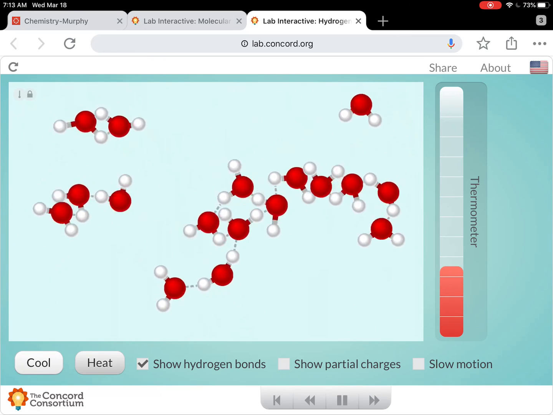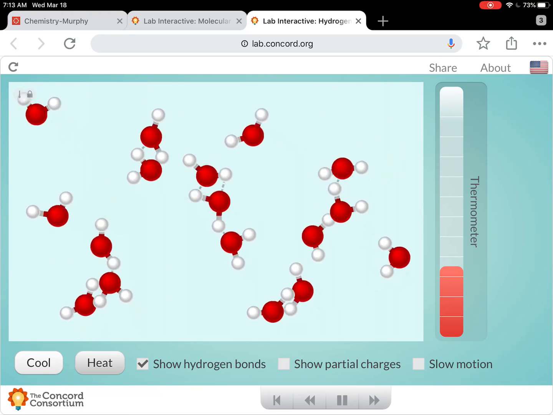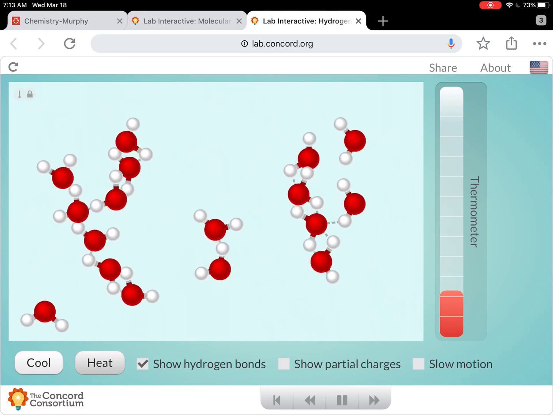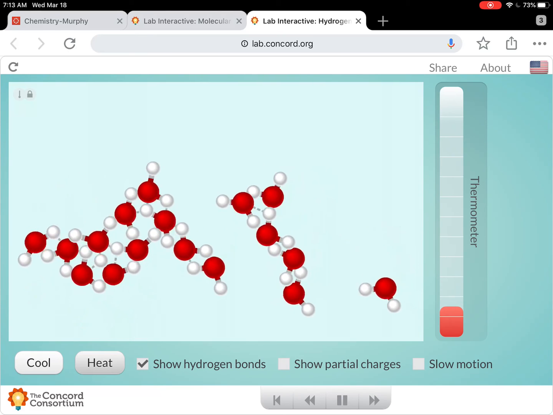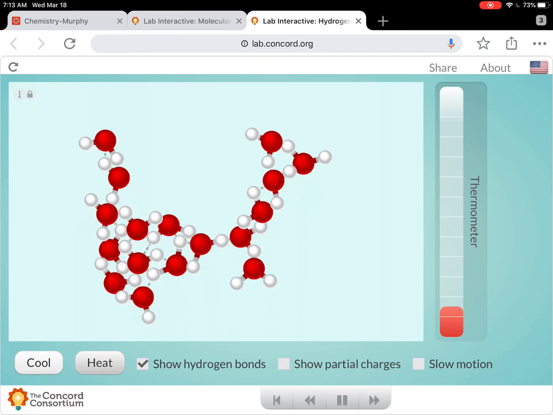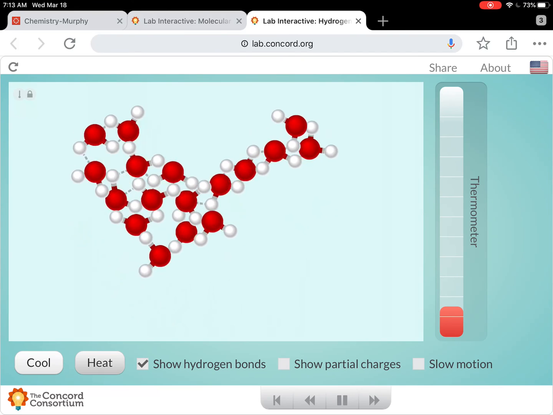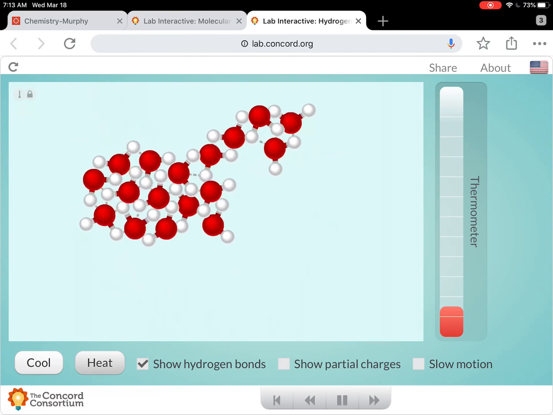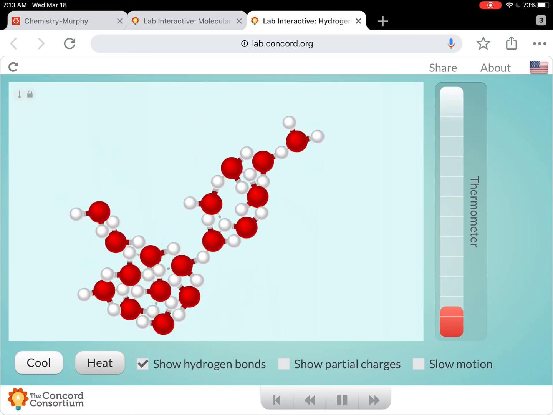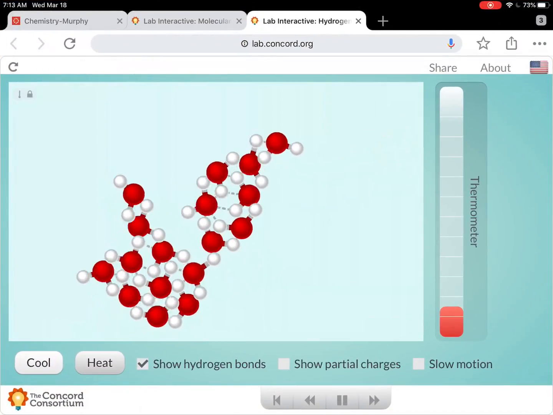Okay? Remember, kinetic is energy of movement. Okay? Again, temperature is proportional to kinetic energy. Okay? Temperature in kelvins. And that's what's going to bridge us to the next concept when we start talking about kinetic molecular theory.